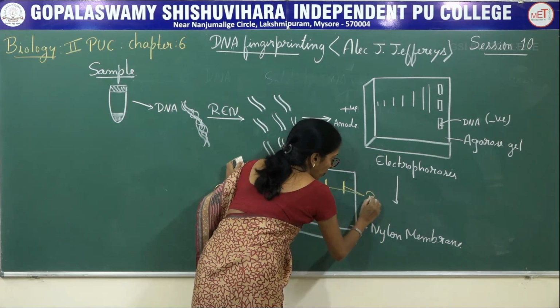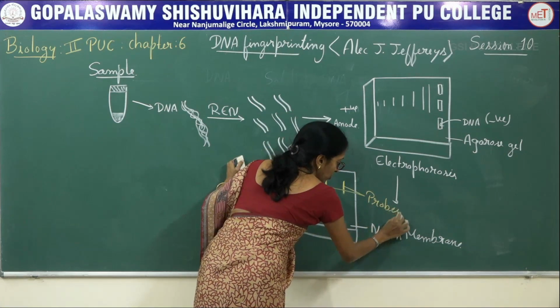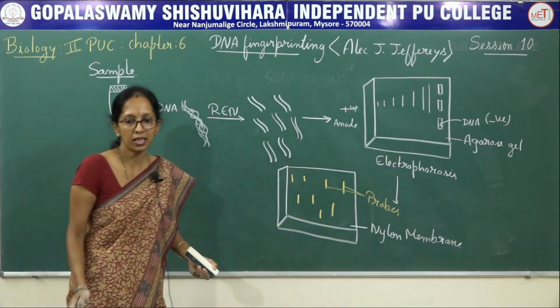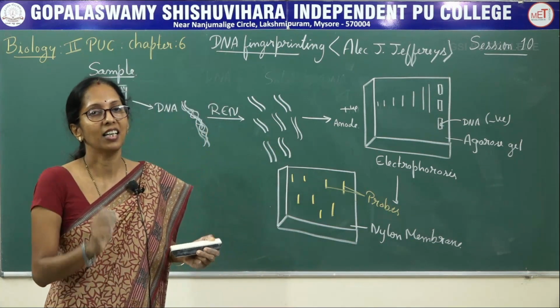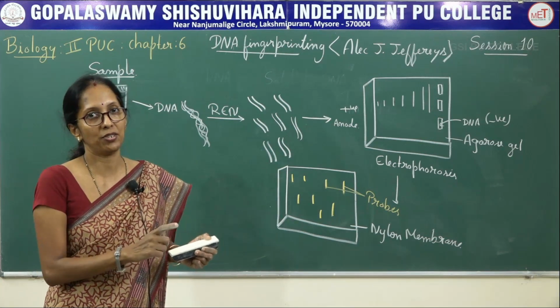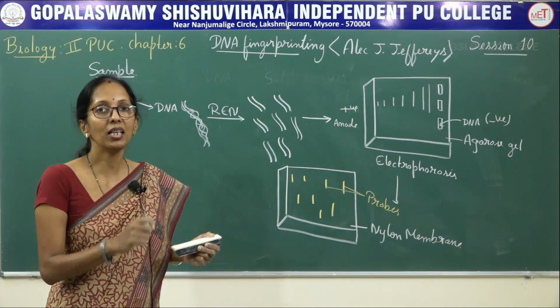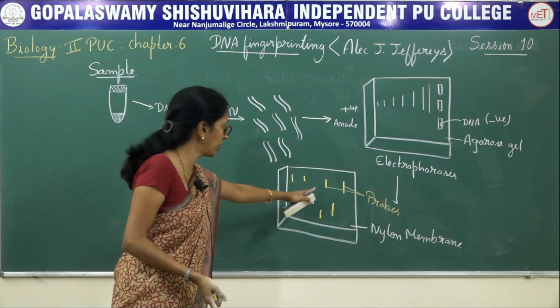These are said to be probes. So what are probes? Probes are single-stranded artificially synthesized DNA fragments. Radioactively labeled DNA is said to be probes.